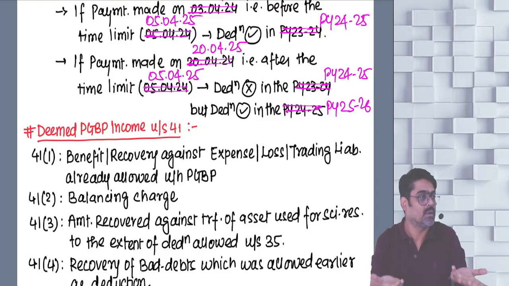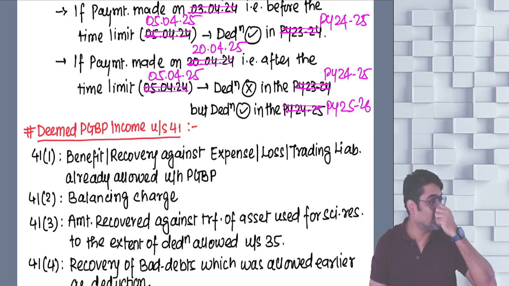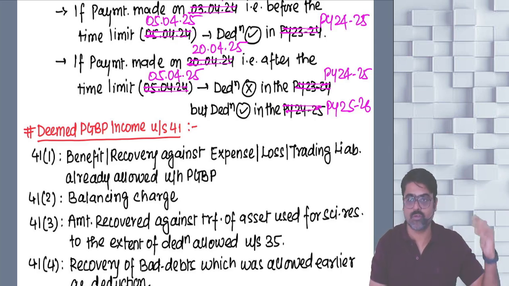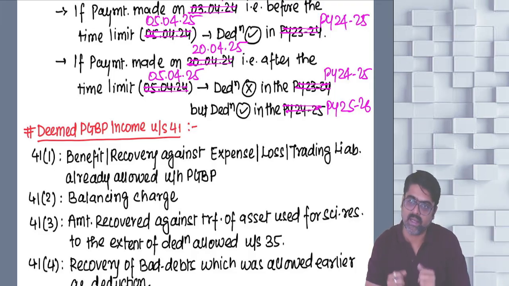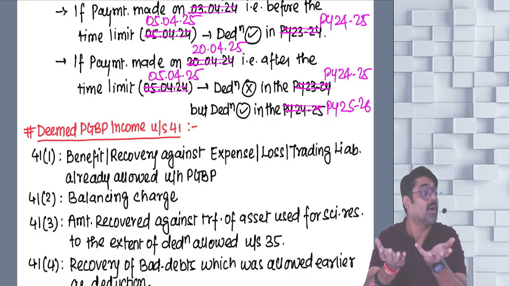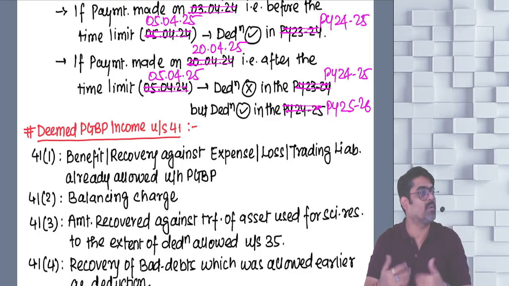Whether paid or payable, it will be allowed in this year, because you are following what basis? Mercantile basis of accounting. This year's 10 lakh rupees purchase cost of stock in trade will be allowed as a deduction in this year.